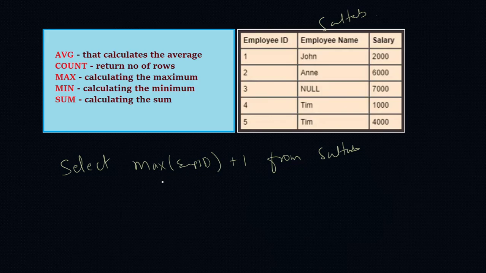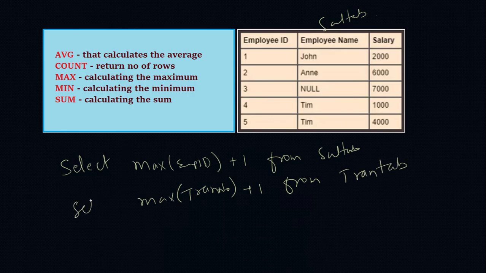So in our project, the column name is transaction number. So this is the transaction number plus 1 from the transaction table. So therefore you can write select. So this is the thing actually.